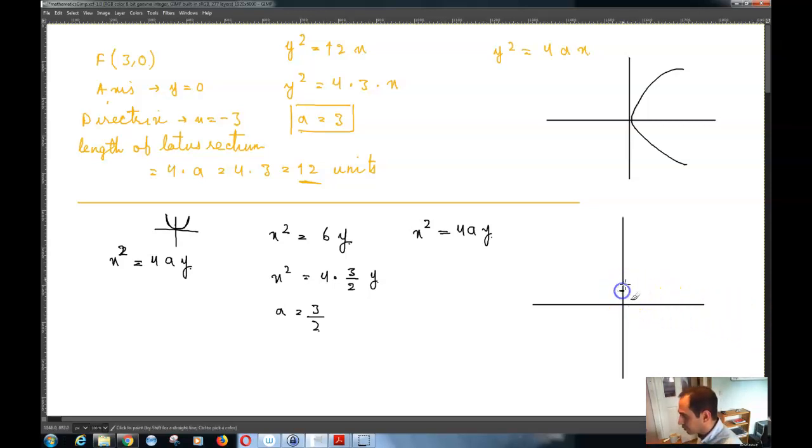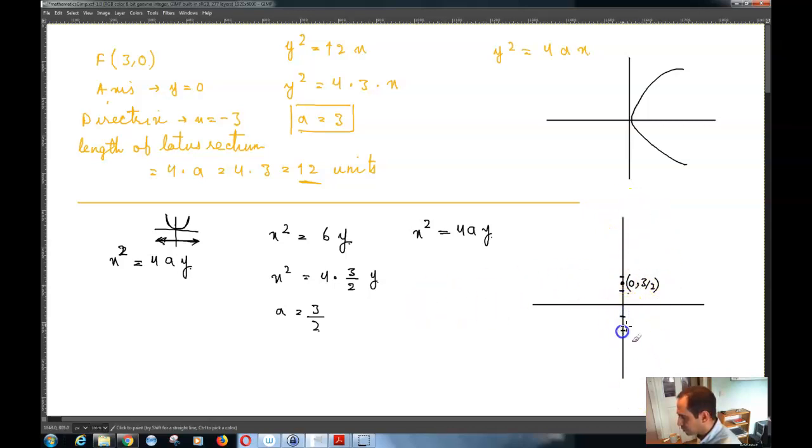So if this is 1, for example, and this is 2, this point over here, your x is 0, your y is 3 halves, is your focus, and the directrix of this parabola is of course going to be somewhere over here at basically y is equal to negative 3 halves.